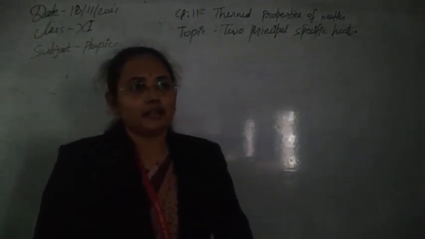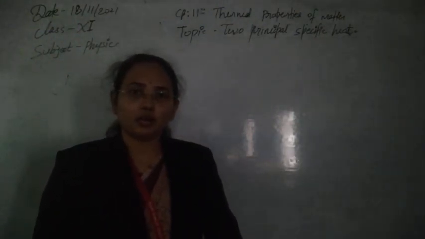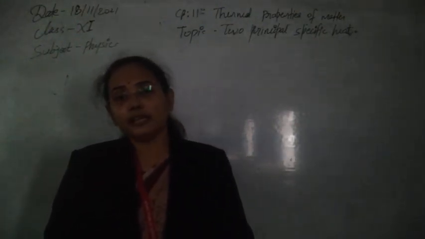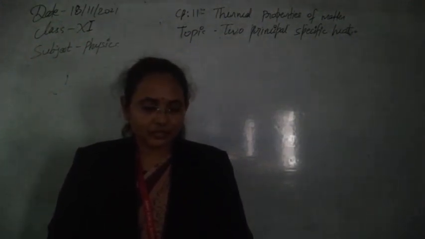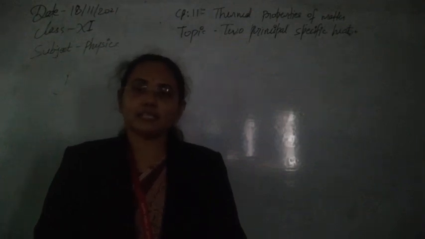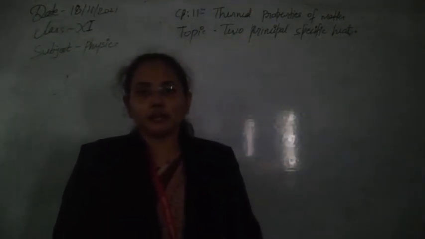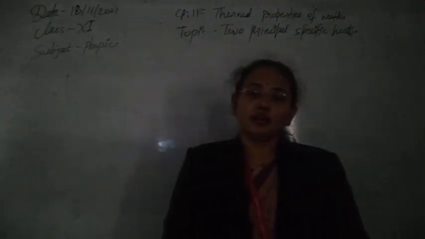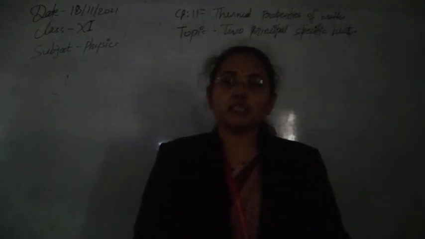So it means that whenever we provide heat at constant volume, the whole of the heat is used to increase the temperature. But whenever heat is given at constant pressure, two things happen. One is a continuous increase in temperature, and the second is the expansion of the gas.